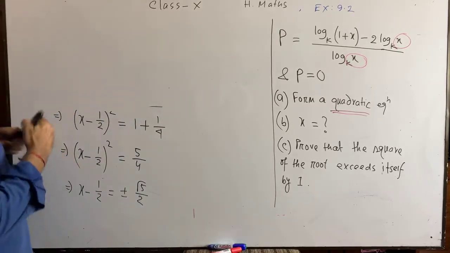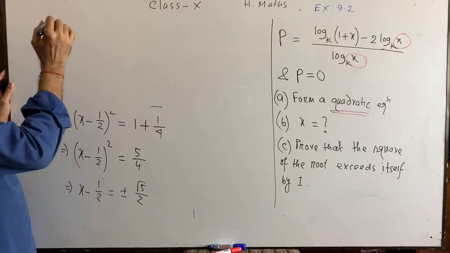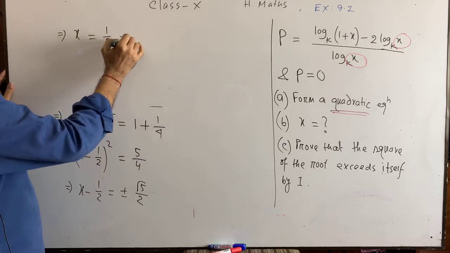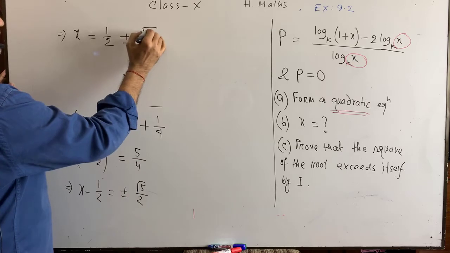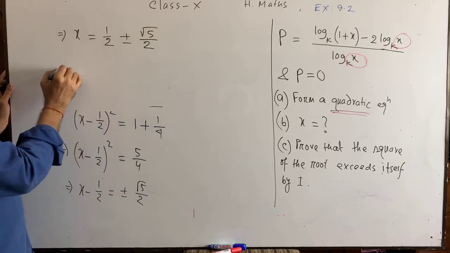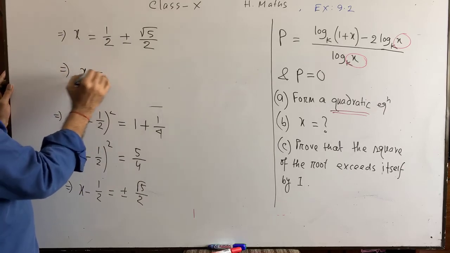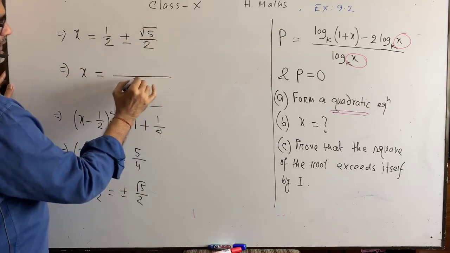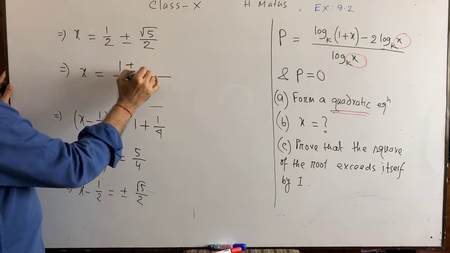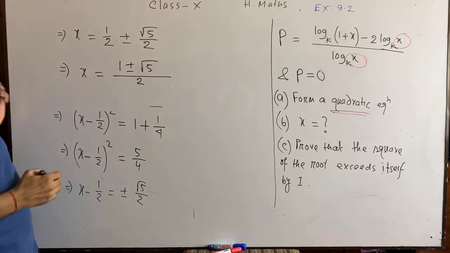That is, x is equal to half plus minus root 5 by 2. That means x is equal to, taking 2 as LCM, 1 plus minus root 5 by 2.